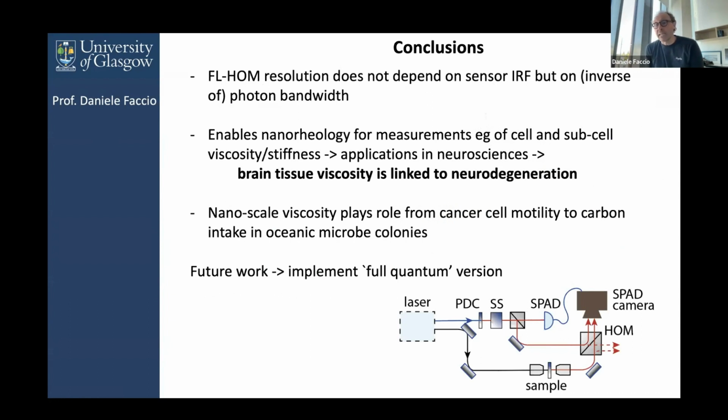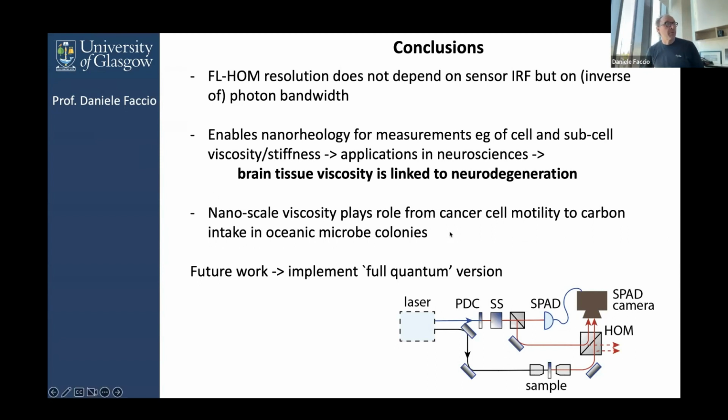We're also looking at applications in neurosciences, because brain tissue viscosity is directly linked to neurodegeneration. I could give a whole different talk on that, maybe for another time, where we're using a slightly different technique at the moment based on diffuse correlation spectroscopy, where we have indeed been able to make a very clear link between how the properties of light propagating through neurodegenerated mouse brain tissue, and neurodegeneration.